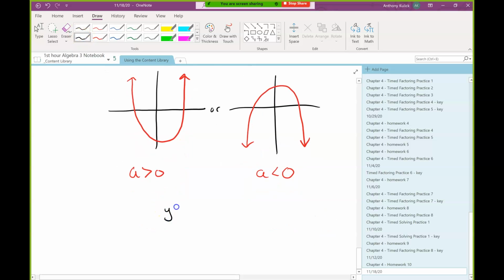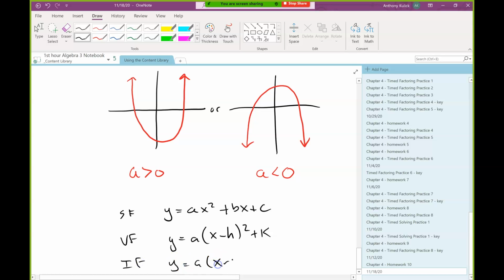And when I talk about A, I'm talking about the A from standard form, or the A from vertex form, or the A from factored form. The sign of A, regardless of which form we're talking about, is what controls whether the parabola will open up or open down.